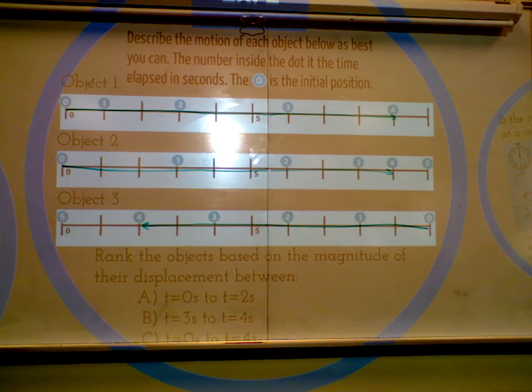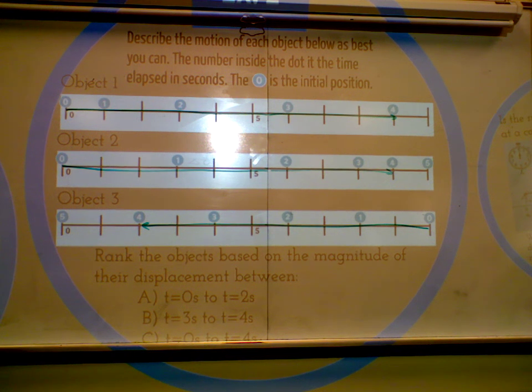Quick question. Which object has the greatest speed during the whole time? Both 1 and 2. You're making an assumption, aren't you? What assumption are you making, Skylar? The object stays the same.